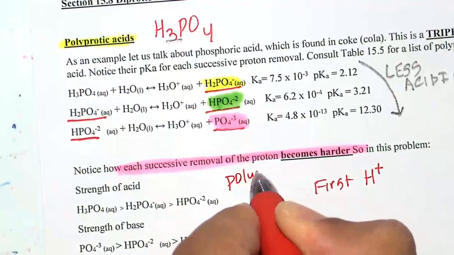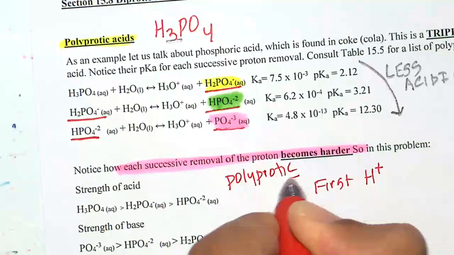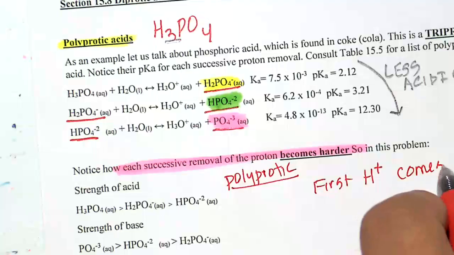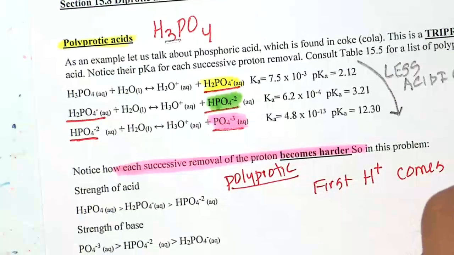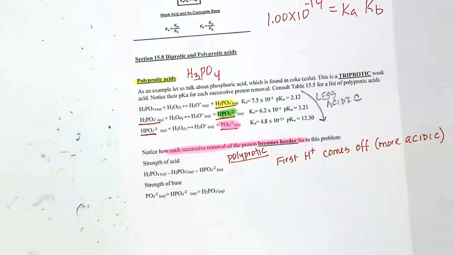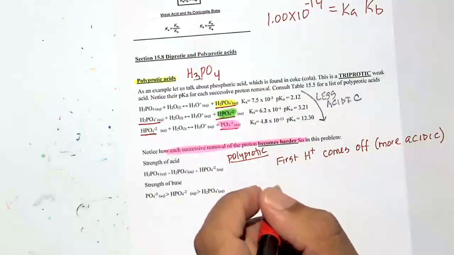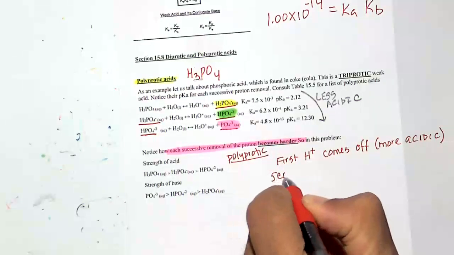So polyprotic means more than one proton that can be given off. The first proton comes off acidic, second, third protons not so acidic.